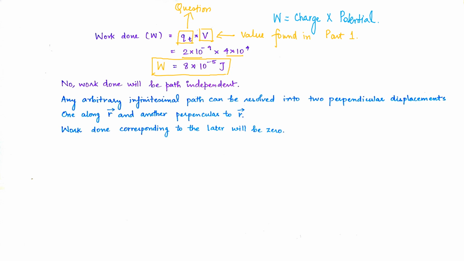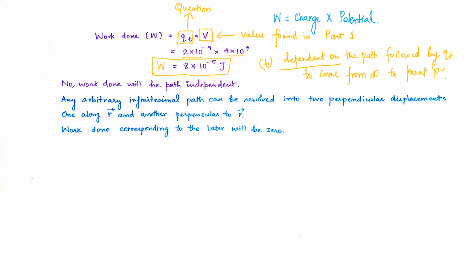In the B part itself, the second line was asking us, will this work done depend on the path followed by Qt to come from infinity to point P?